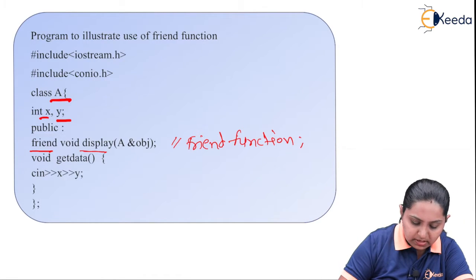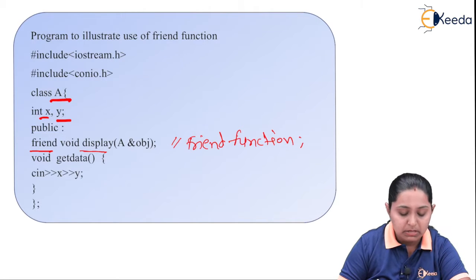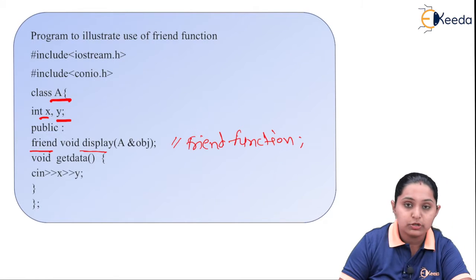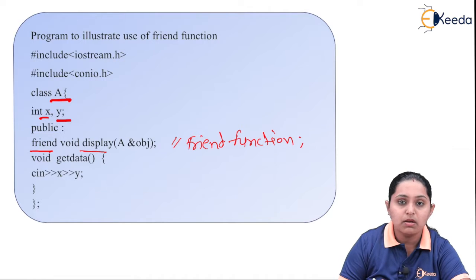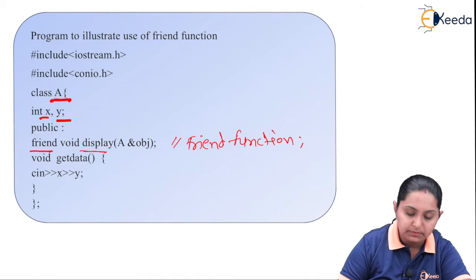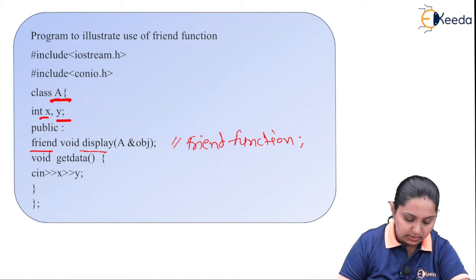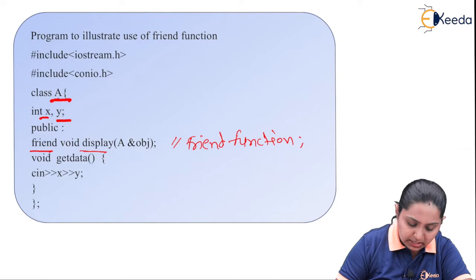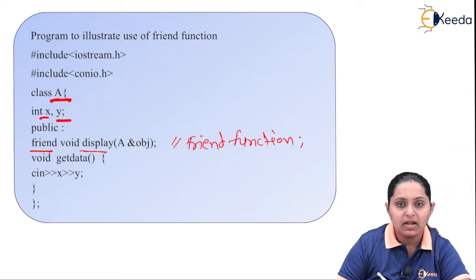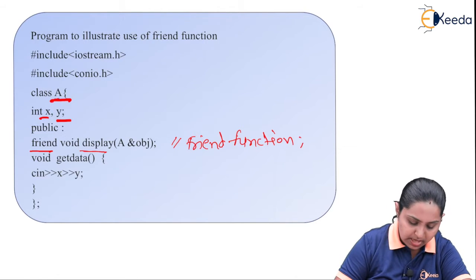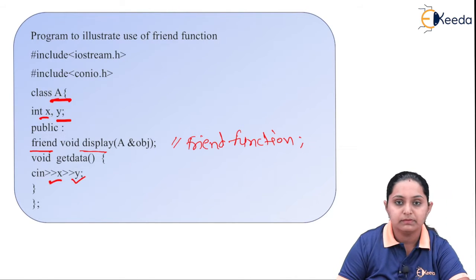The display function has a parameter, ampersand obj. That means this function takes as its parameter the object of class A. Then I am creating one member function, void getdata. With the help of getdata, I am just displaying the values of x and y.